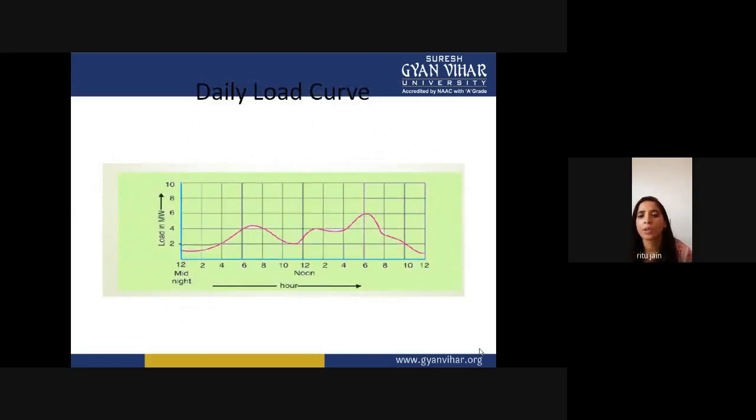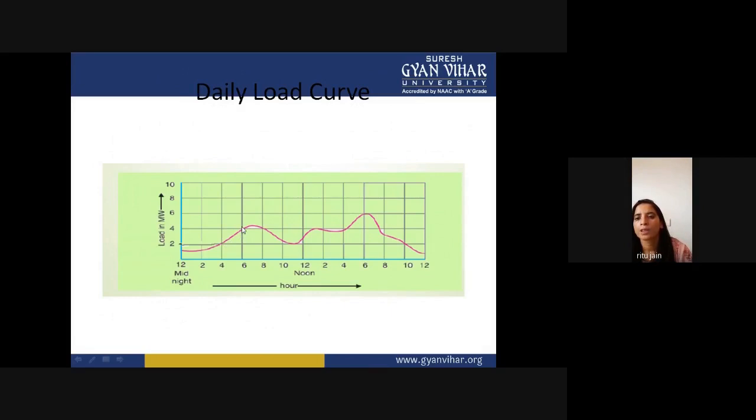In this graph, you can see that the x-axis is representing the time and the y-axis is representing the load. For example, at 12 midnight, the load is less than 2 megawatt and it is continuous until 2 a.m. After 2 a.m., it starts to increase. At 4 a.m., it reaches 2 megawatt, and after 4 a.m., it is increasing linearly.